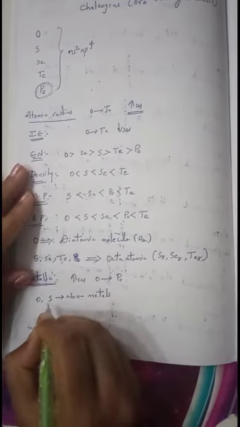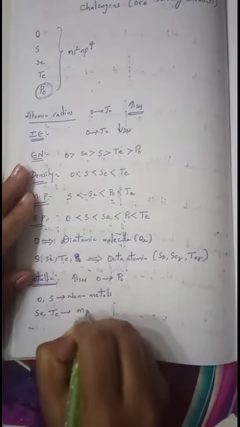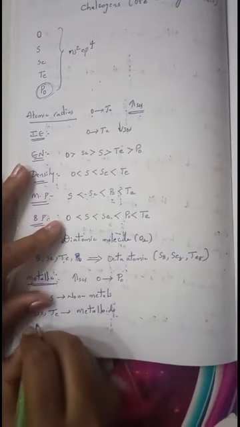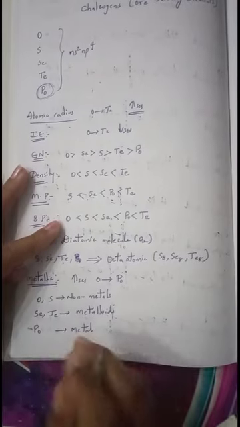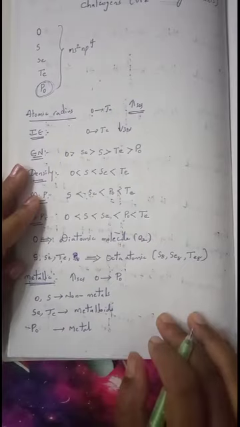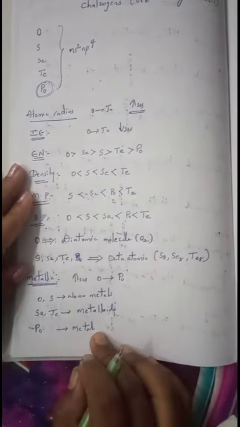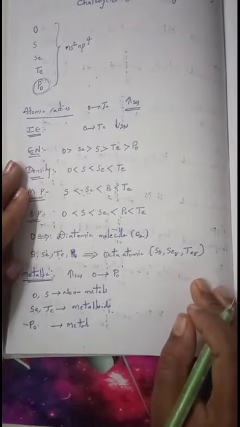Selenium and tellurium are metalloids. And polonium is a complete metal. So you can observe that from oxygen to polonium the metallic character increases. Oxygen is a non-metal, polonium is a complete metal. That means from top to bottom, metallic character always increases.